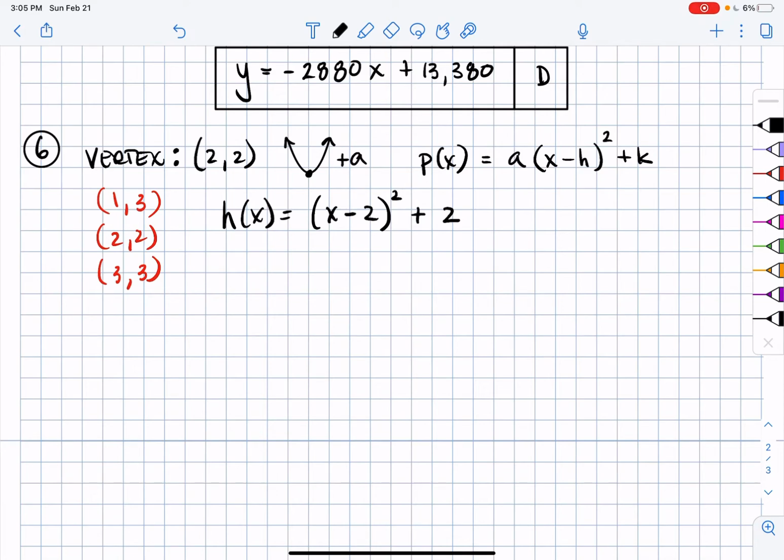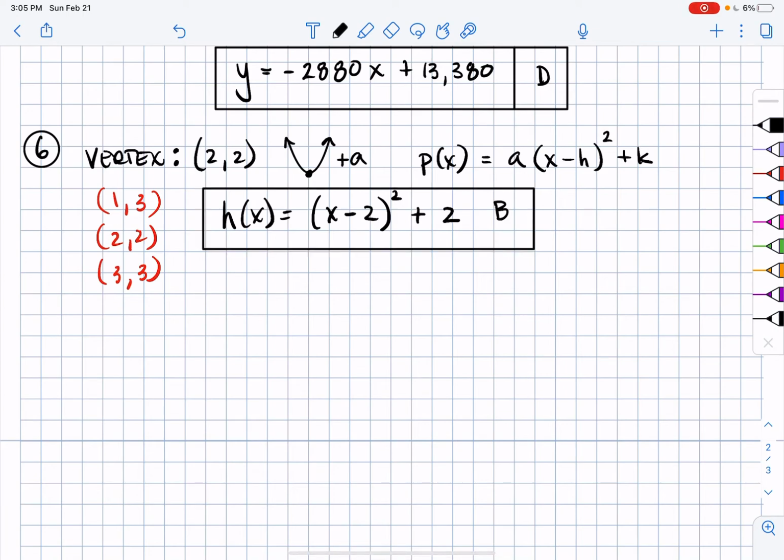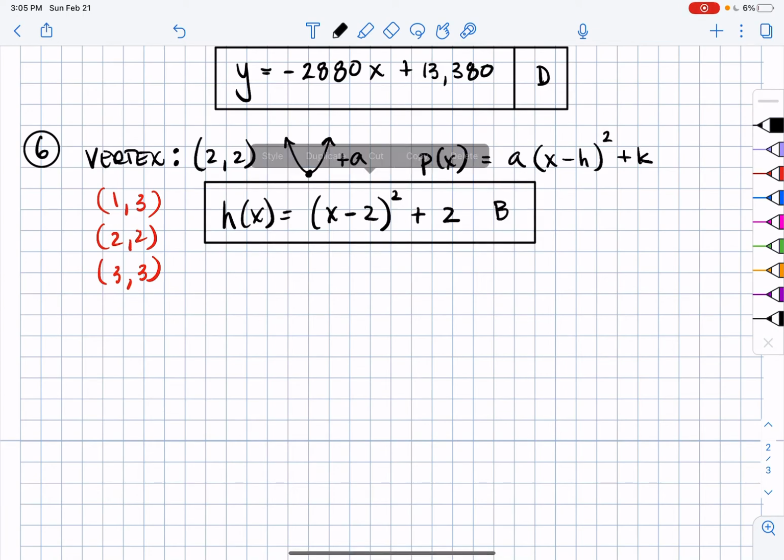Because it's got to be x minus h, which is the x value, which is 2, plus k, which is 2. And that right there is choice B. And there you go. And the reason why I brought up these points here is because what if those choices weren't there?